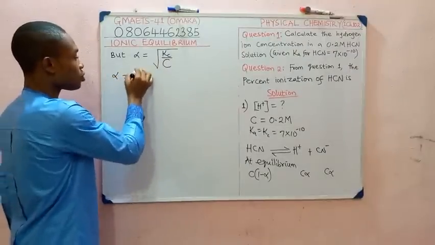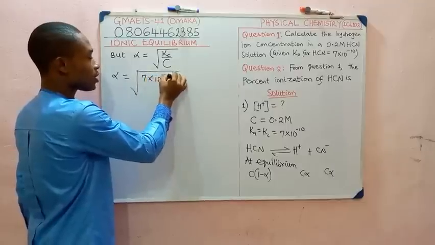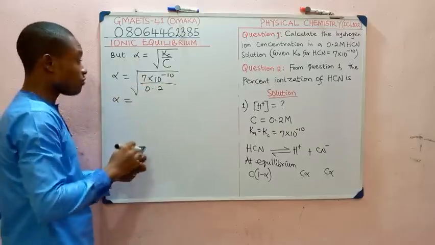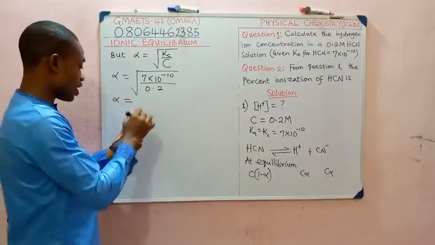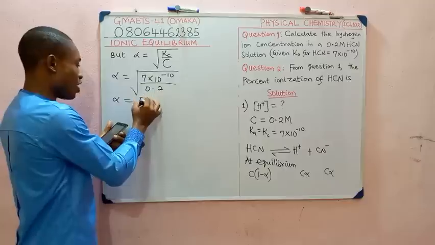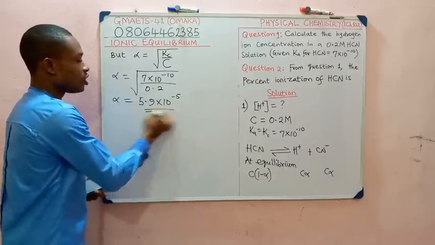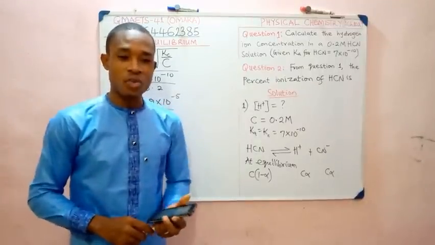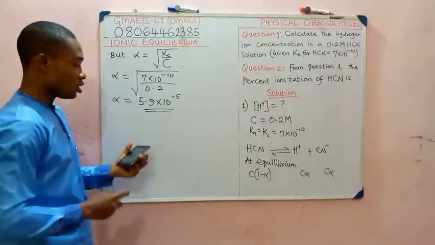And then if we substitute our Kc, which is the same as Ka, 7 times 10 raised to the power minus 10, divided by 0.2, and work through this, the degree of dissociation is going to be 5.9 times 10 raised to the power minus 5. Now that we've gotten the degree of dissociation, alpha, we can calculate the concentration of the hydrogen ion.